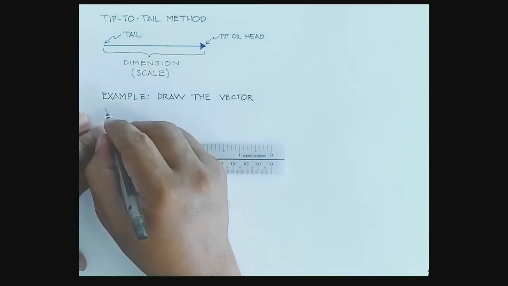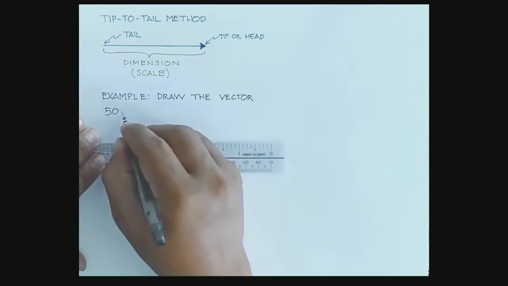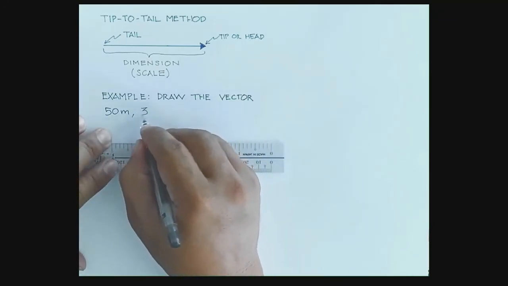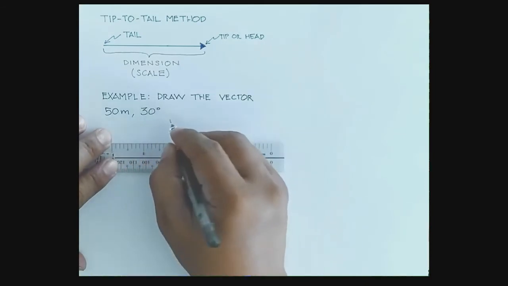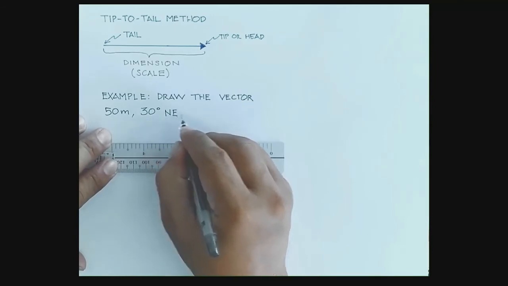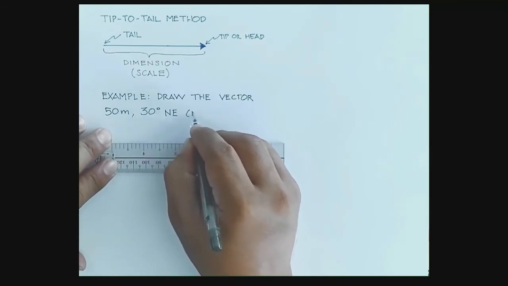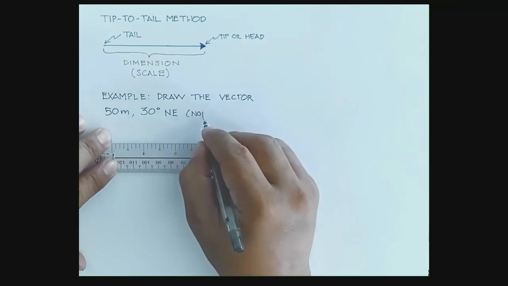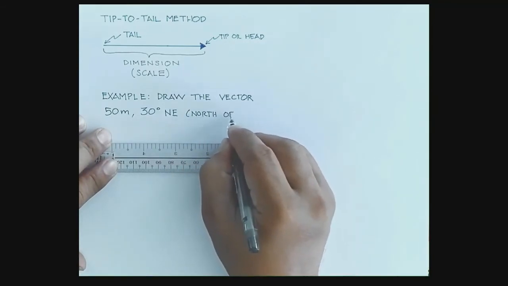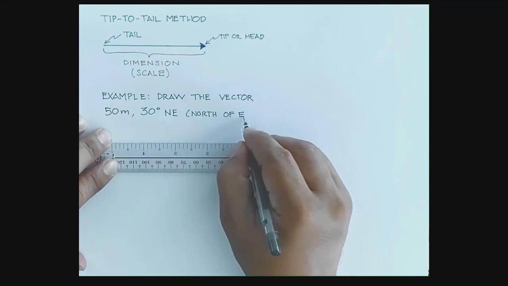Let's think of a number, about 50 meters, and the direction will be 30 degrees north of east.